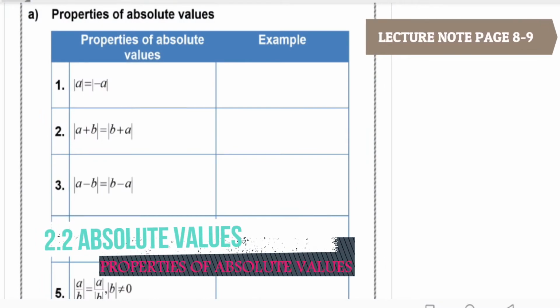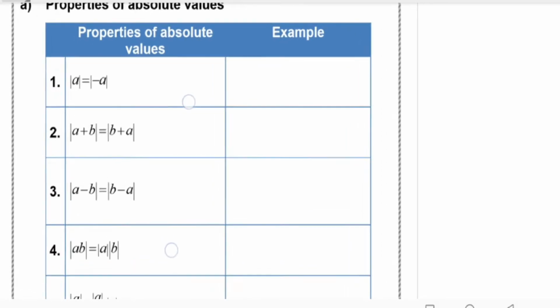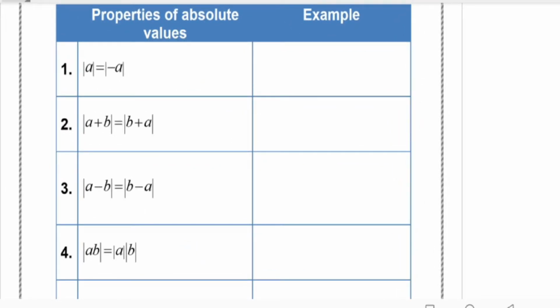Okay, now we are going to go through the properties of absolute values. So we have 5 properties here and we are going to go through them one by one. The first property is the absolute value of A is equal to the absolute value of -A.